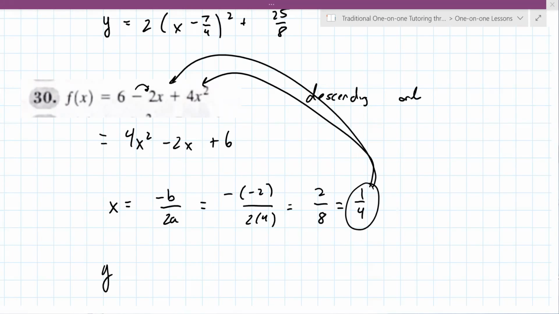You can also graph this as well. Like if you had Desmos available to you at home, or if you're doing a take-home exam, you can always do it that way. So y is 23/4.